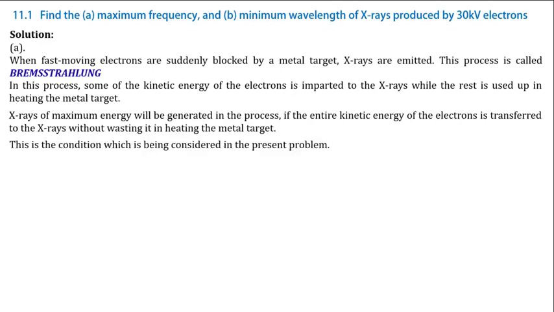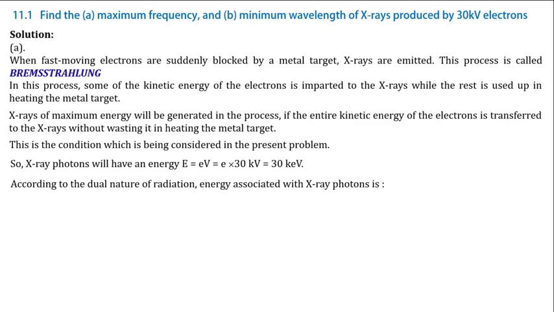It has been asked to find the maximum frequency and the minimum wavelength of the X-rays which are produced by 30 kilovolt electrons. So the X-ray photons will have this maximum amount of energy which is possessed by the electrons, that is E, capital E, which is e times V, and V is 30 kilovolts, so it is 30 kilo electron volts.